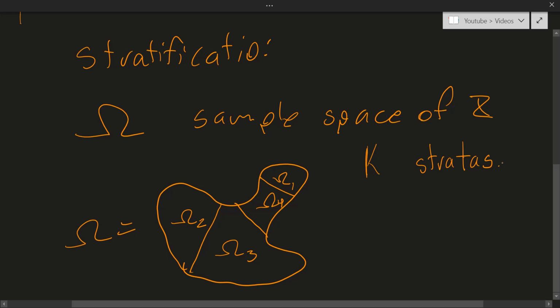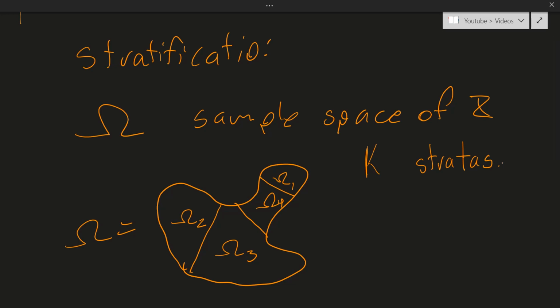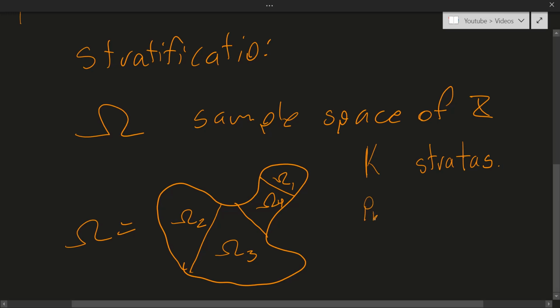Now, for this method to work, we assume that p_k, which we define as the probability of x being in strata k, is known.